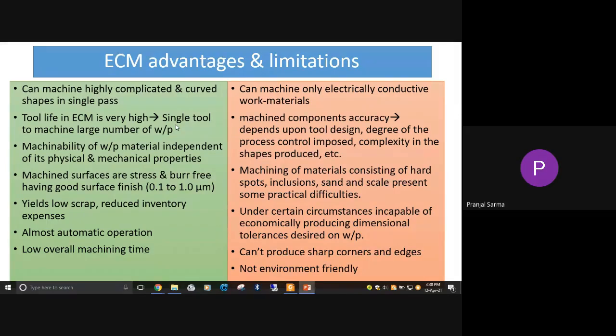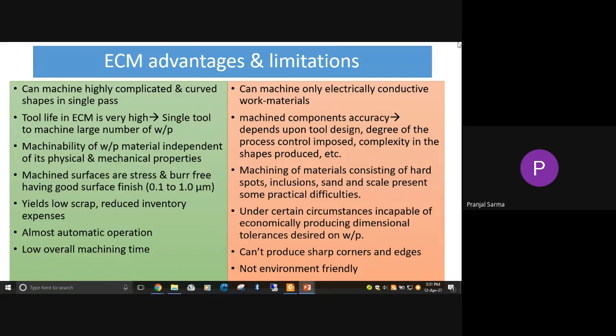Okay, so some of the advantages and limitations we can also discuss. Whatever the advantages are, it can very easily machine highly complicated and curved shapes in a single pass. That is one of the major advantages. Tool life in case of ECM is very high.